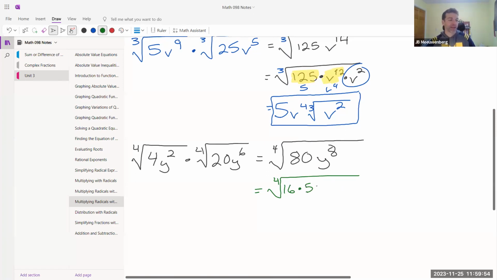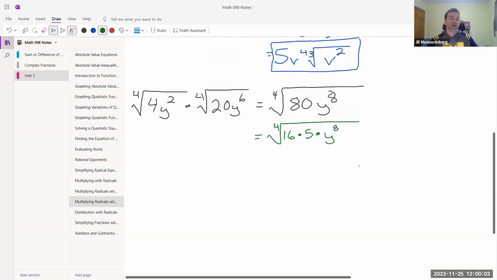Now what about y to the 8th? 8 is a multiple of 4, which means y to the 8th is something to the 4th power, which means we're going to be able to take the whole thing and bring it out front. So we're going to take the 4th root of both of these things. The 4th root of 16 is 2, so we're going to write a 2 out front.